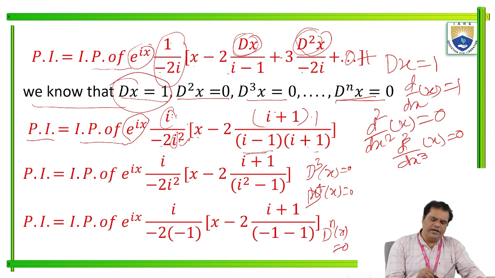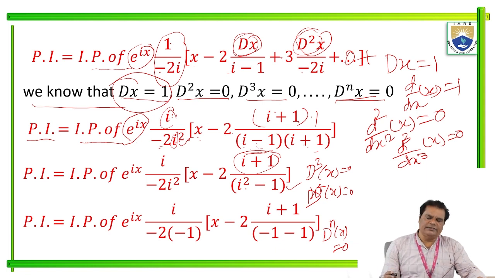So P.I. equal to I.P. of i upon minus 2i square, x minus 2, i plus 1. This i minus 1, i plus 1, here the formula a square minus b square is used. So this is i square minus 1. In numerator i plus 1. And this term is 0. Only 2 terms are remaining. Other terms, higher terms, all are 0.